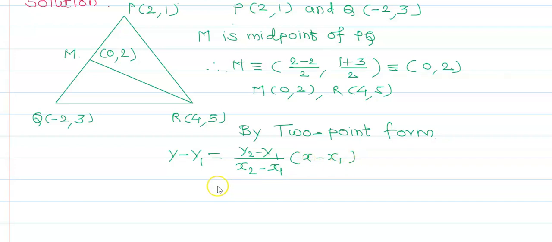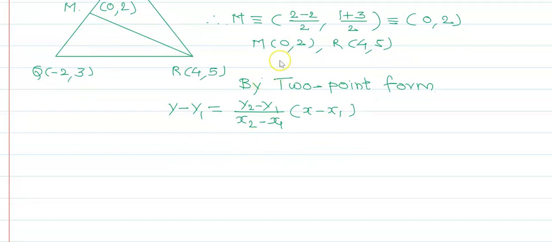Now substitute the values. Here the first point, M (0, 2), we treat as x1, y1, and R as x2, y2.